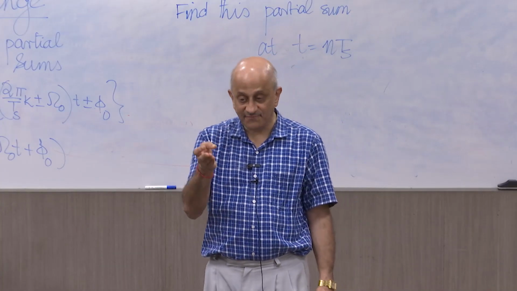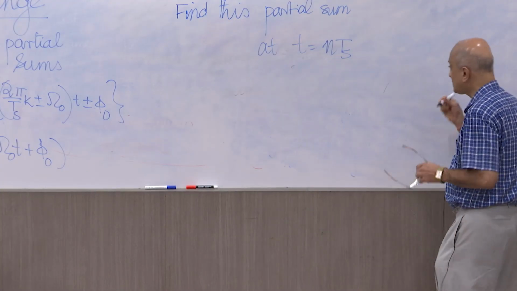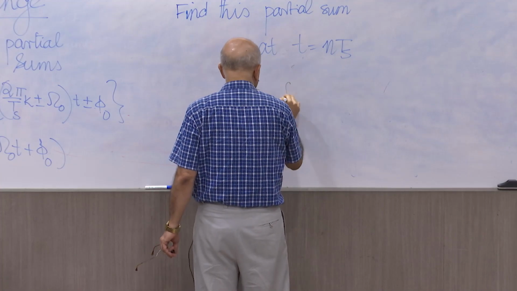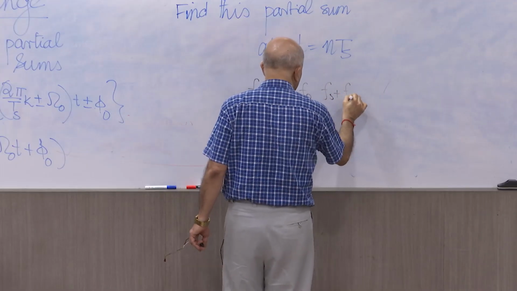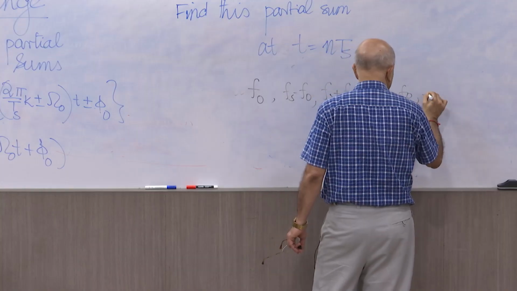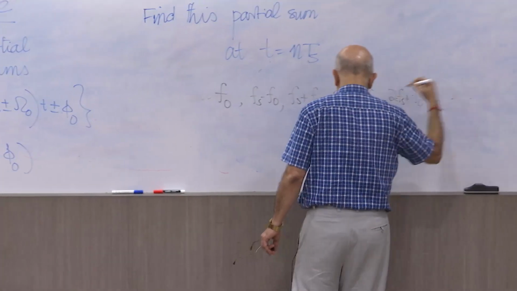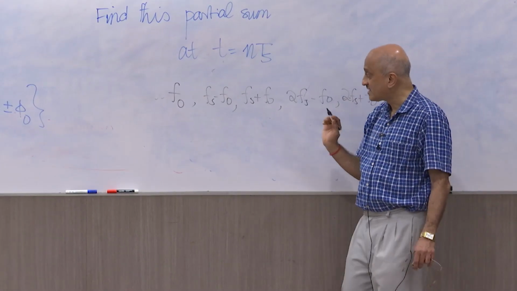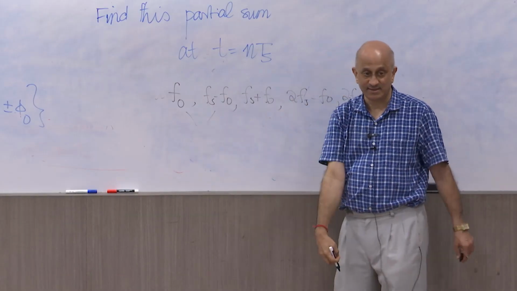If you had f naught, we listed out all the frequencies that have the same samples at the same points: the frequency f naught, the frequency fs minus f naught, the frequency fs plus f naught, 2fs minus f naught, 2fs plus f naught, and so on and so forth, forever. So where is the confusion first likely to occur? Between these two frequencies, isn't it?